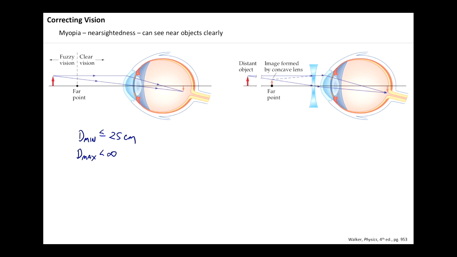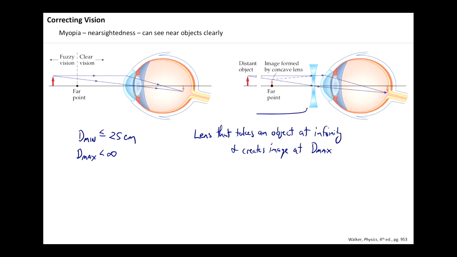So if we were to write that down, we could say that we take a lens that takes an object at infinity, or just far away, and creates an image at D max. It's a lens that takes an object at infinity and creates an image at D max.